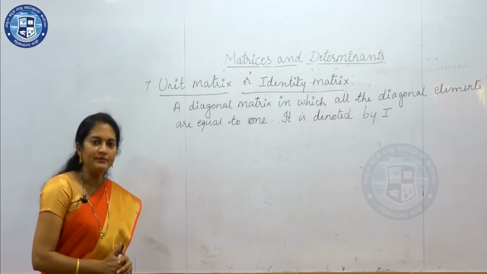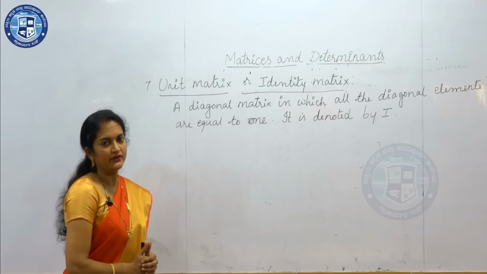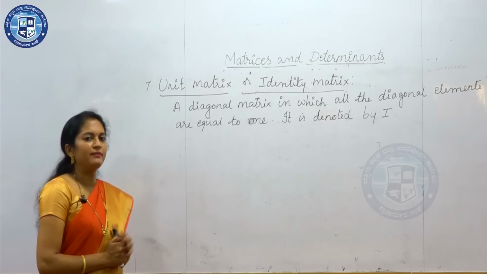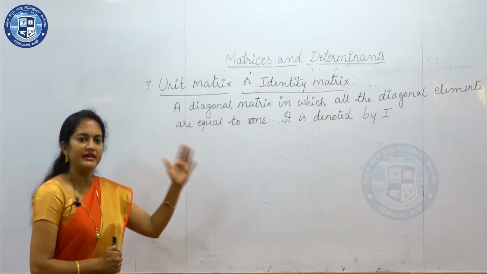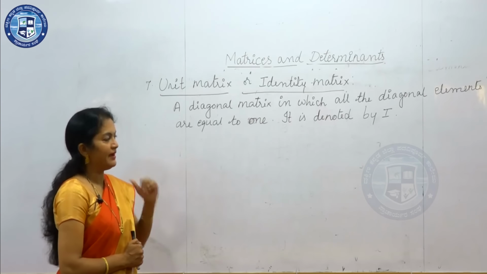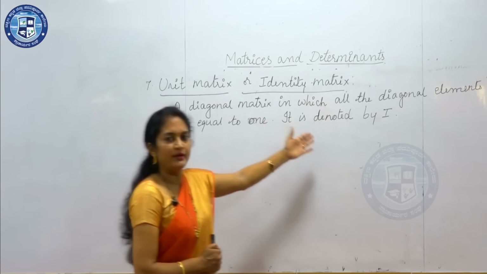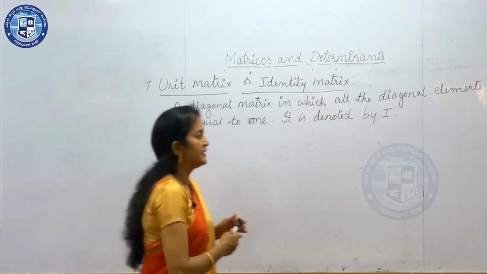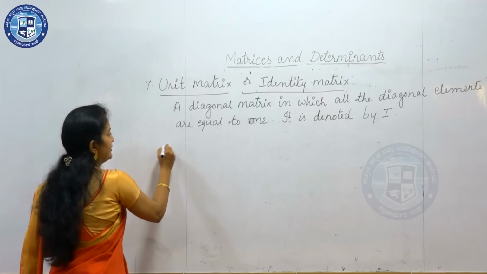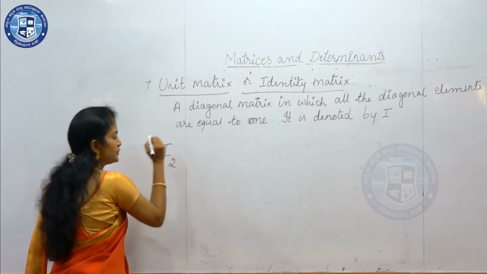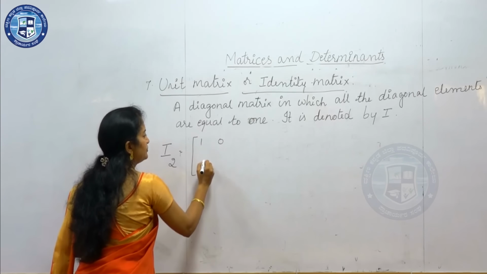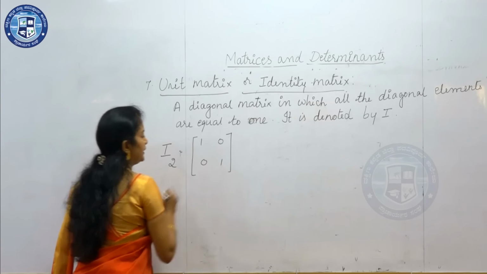Next one is unit matrix or identity matrix. What is a unit matrix? A diagonal matrix in which all the diagonal elements are equal to 1 is called a unit matrix. It is denoted by I. Suppose you take a unit matrix of order 2, then it is 1, 0, 0, 1.